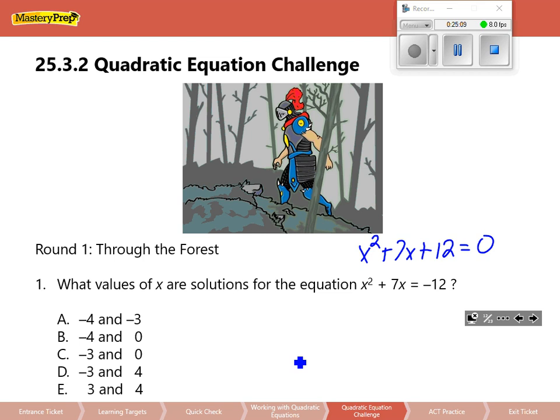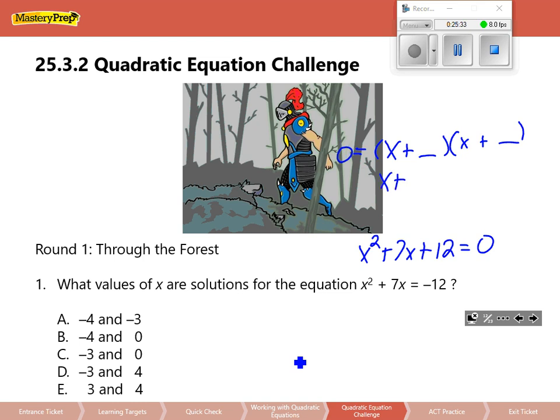Yes, but almost. Because if we did that, we would have x plus a number times x plus a number, yes? Now, according to the zero product property, if any two things multiply together equal 0, one of them must be 0, yes?